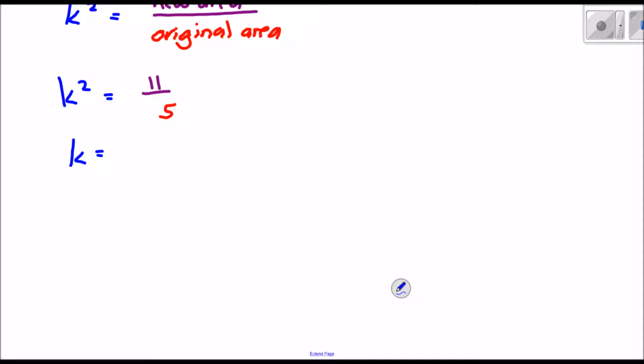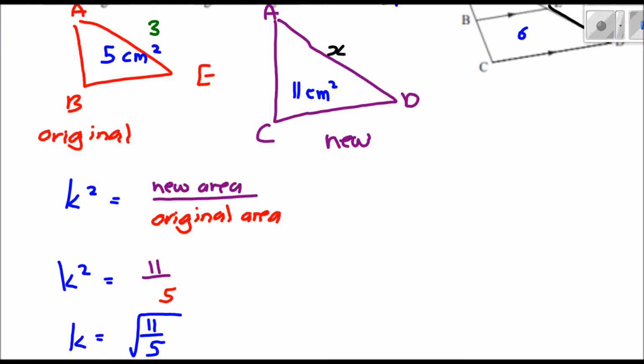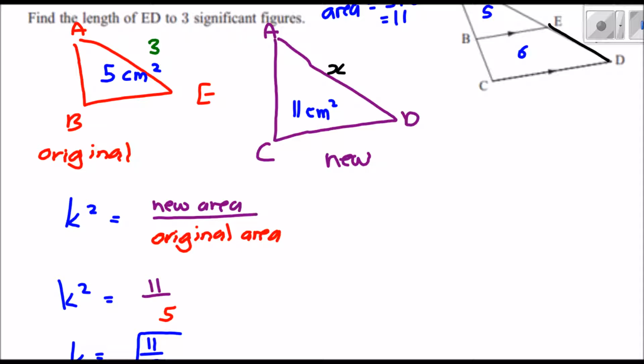Just leave it as the square root of 11 over 5. That doesn't simplify, but no problem. We can just leave it like that. And of course, we reject the negative root, or you'd end up with a negative x, which doesn't happen in the real world. So our scale factor is the square root of 11 over 5. Please just leave it as that for now. Don't work it out as a decimal, because you might get a rounding error in the end.